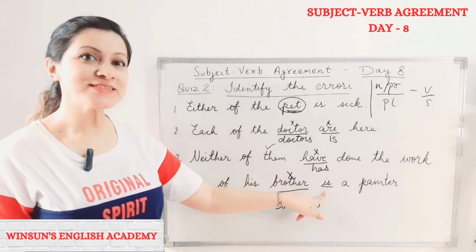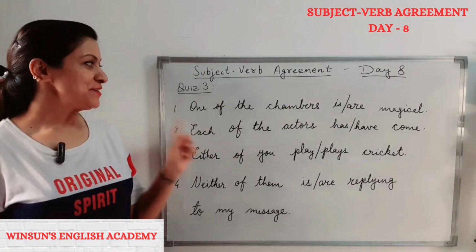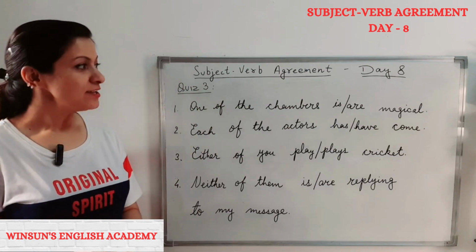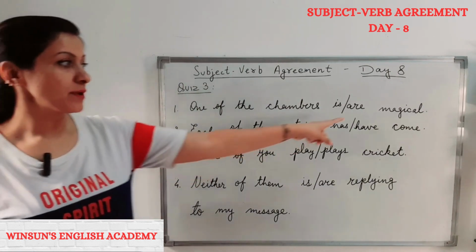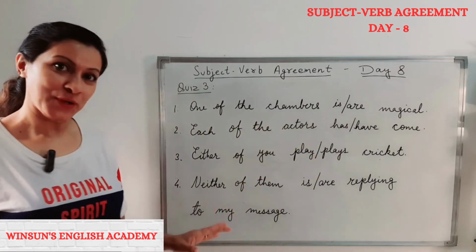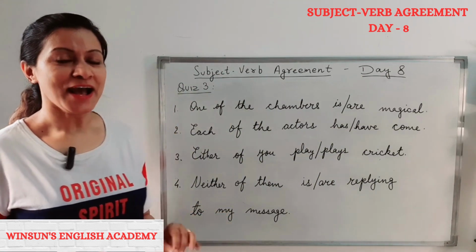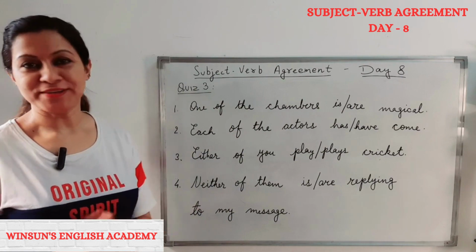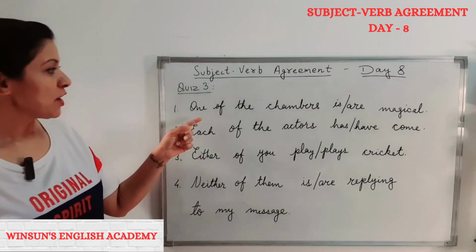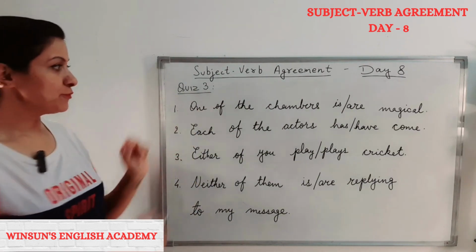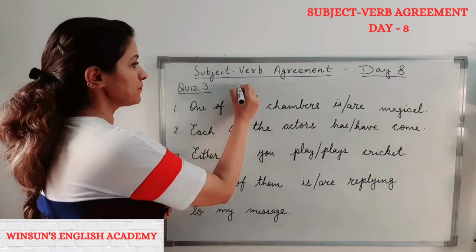Let's move on to quiz number 3. Here's your quiz number 3. Here you have to find out the correct verb. That's it. Okay. Let's find it out. Pause the video. Choose the correct answer. I'm here with the answer waiting for you. Ready? Great. Okay. Before we begin, what does the rule say?